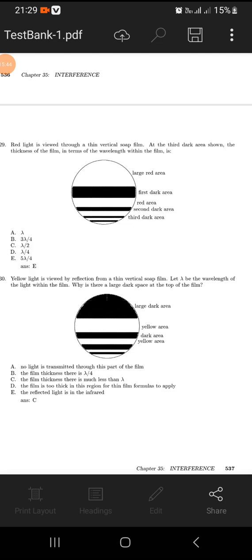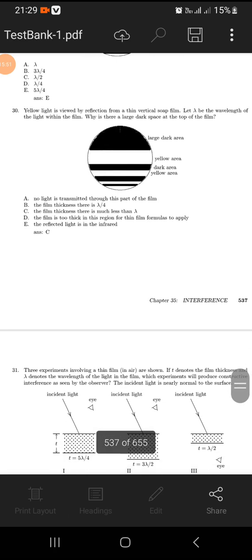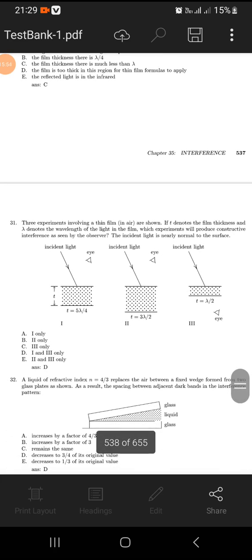Three experiments involving a thin film in air are shown, with incident light.